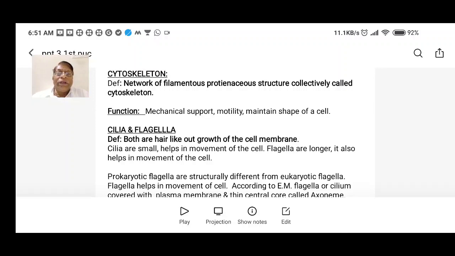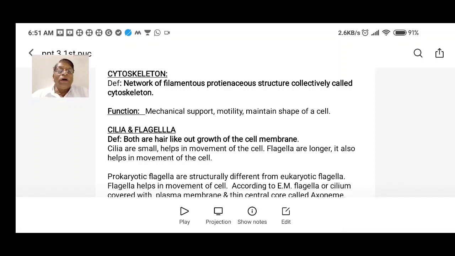See, what is cytoskeleton? Cytoskeleton is nothing but network of filamentous. Filamentous means filament-like proteinaceous structures.